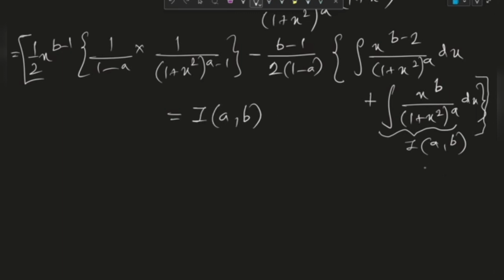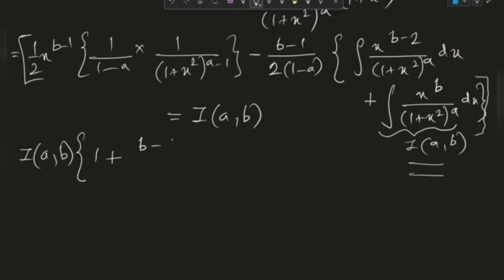So now we have I(a, b) on this side also. So we will try to bring it towards the left hand side. This is basically the left hand side. I've written it like this. So this will become I(a, b), and we can take it common. This is multiplied by 1 on this side, and (b−1)/(2(1−a)). If we open these braces, a minus will come here, so on that side this will become plus.